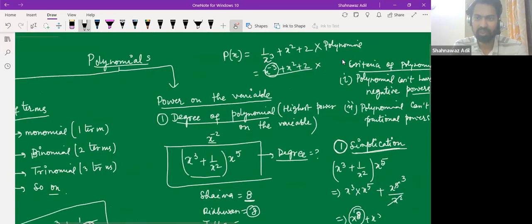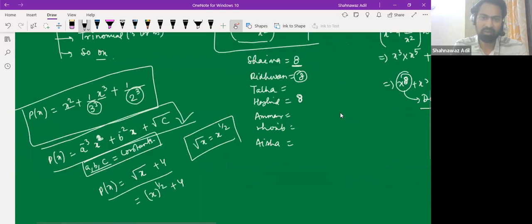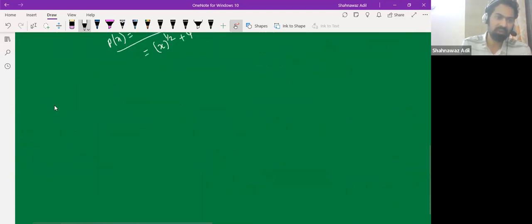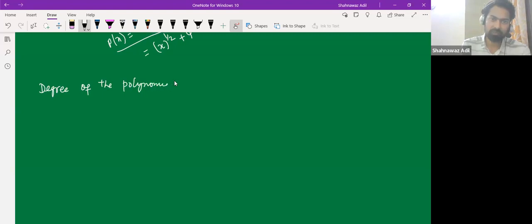Okay, so now we were talking about the basis of degree of the polynomial. On the basis of degree, first one is the linear polynomial, whose degree is 1.